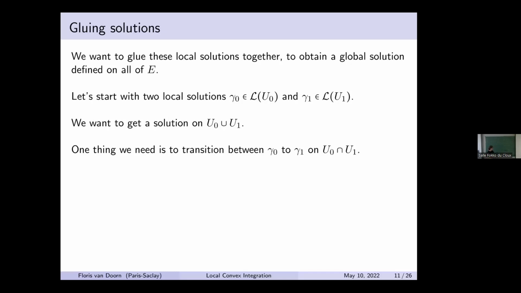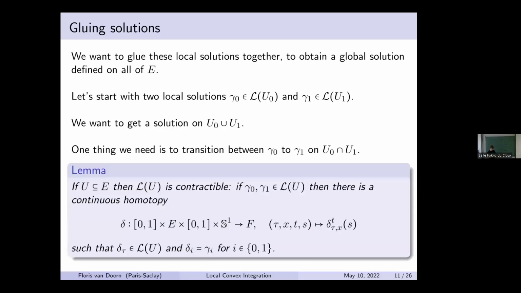For this to work, I really need to transition in some way from gamma 0 to gamma 1 on the intersection of their domains. And for that we have the following lemma: that indeed L of U is contractible. The form of this statement we need is that if you have 2 of such local solutions on U, gamma 0 and gamma 1, then we have a continuous homotopy between them.